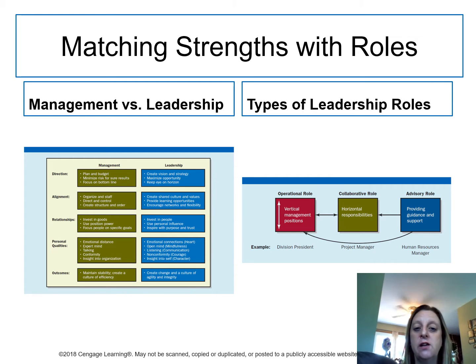Now, when you look at the advisory role of leadership, we're talking about a leadership role that provides advice or guidance and support to other people and departments in the organization. A little bit more of an oversight or guidance type of relationship, being responsible for developing broad organizational capabilities rather than accomplishing specific business results.